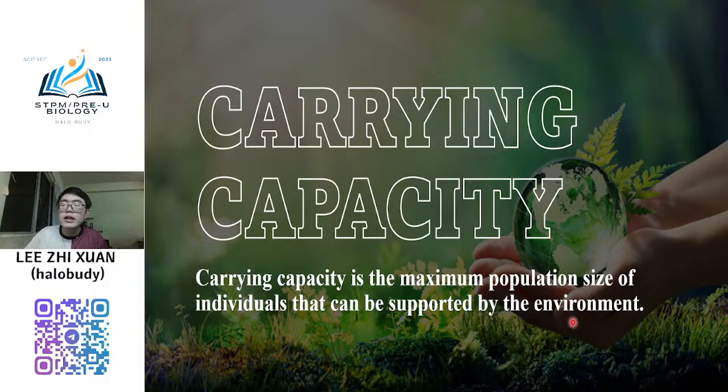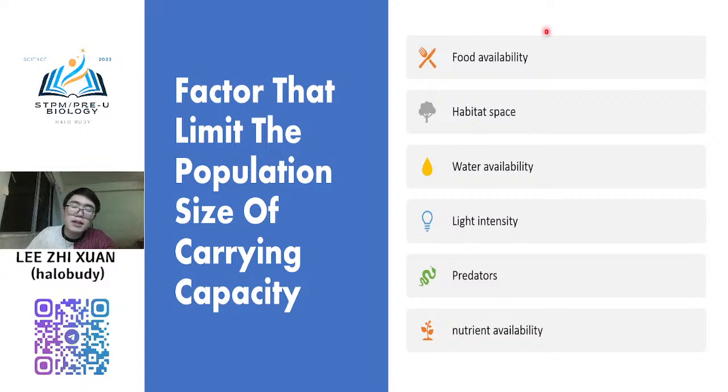In one environment the maximum population may be 100,000, but in another it may decrease to only 50,000. So there is a relationship. Normally there are these six factors: food availability, habitat space, water availability, light intensity, predators and nutrient availability. These are environmental factors that can affect the carrying capacity and the population size.